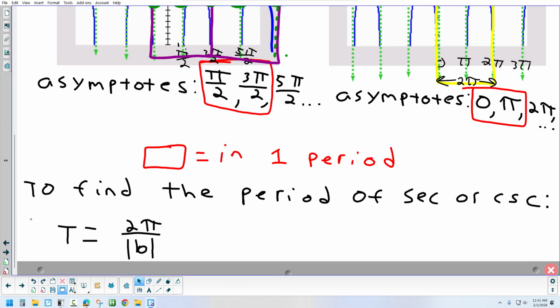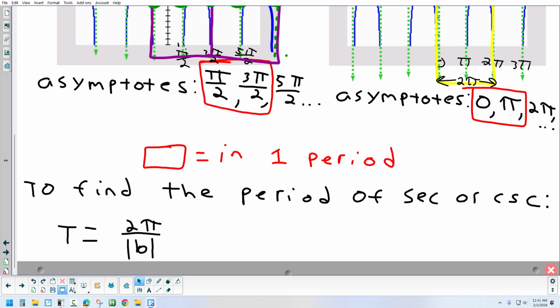So the formula to find the period is back to the formula you use for sine and cosine, 2 pi over b. Now I put absolute value. I don't think we ever have any where b is negative, so the absolute value probably wouldn't come into play. But remember, when you're finding a period, it's a measure of how long something is.